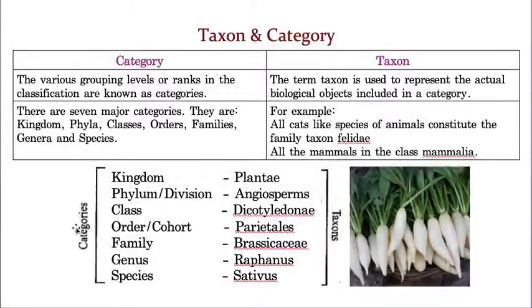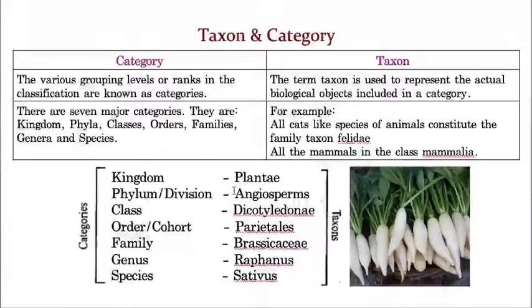Hope you understand. The rank is called the category, whereas the living organisms included in that category are called taxons. For example, let us take phylum. Phylum includes angiosperms, and however many angiosperms there are, these are all living organisms, and all of them are called taxons.